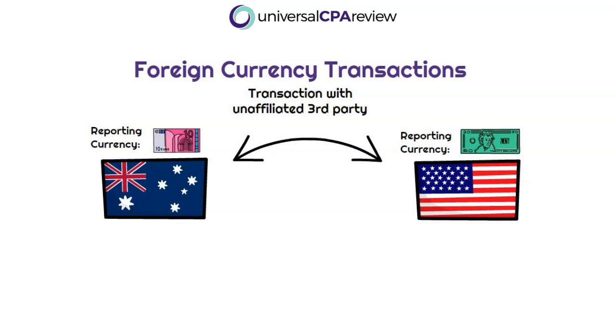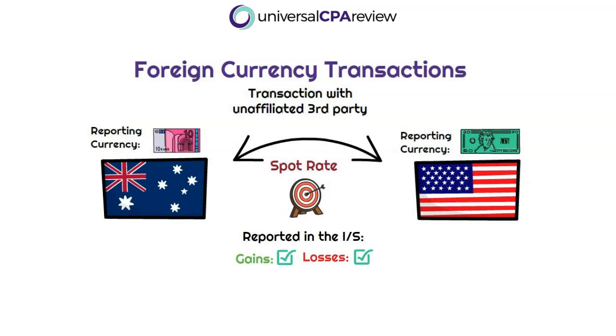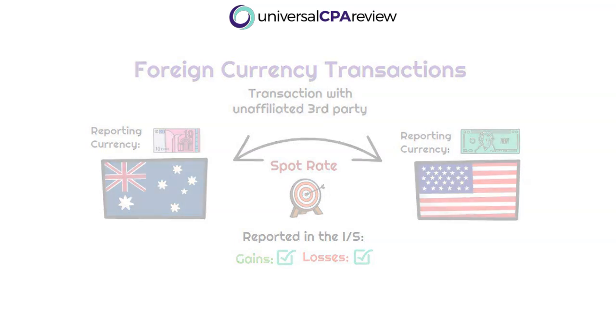And when we evaluate the exchange rate, we use the spot rate, which is the exchange rate on the day that the transaction occurs, right? And if there's a change in that spot rate between periods, the company would recognize a gain or loss, and those are reported in the income statement.